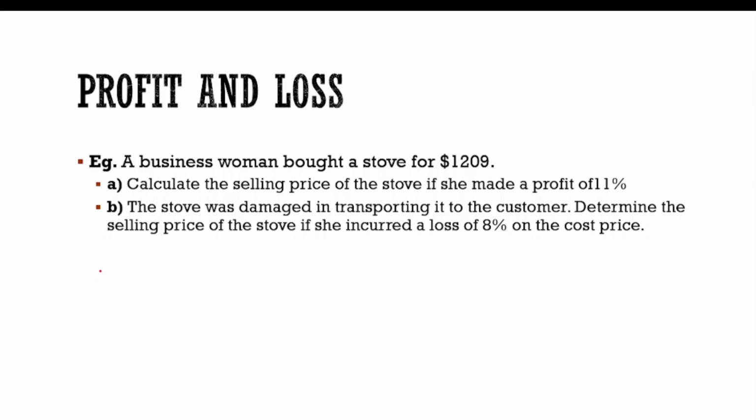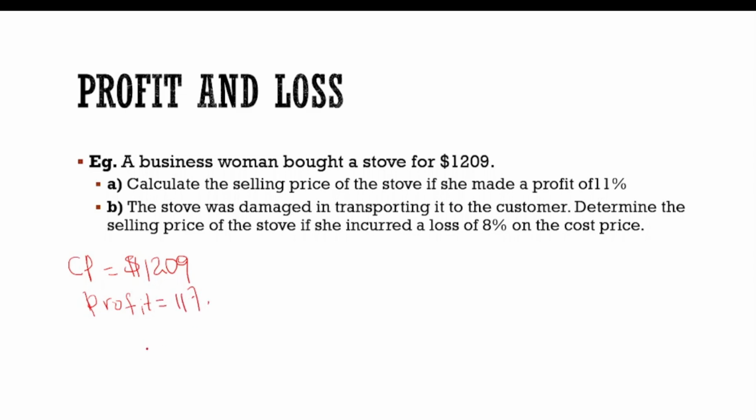She bought the stove for $1,209. So that 1,209 represents our cost price. So cost price, or CP, is equal to 1,209. The profit that was made is 11%. So we'll write that information down.